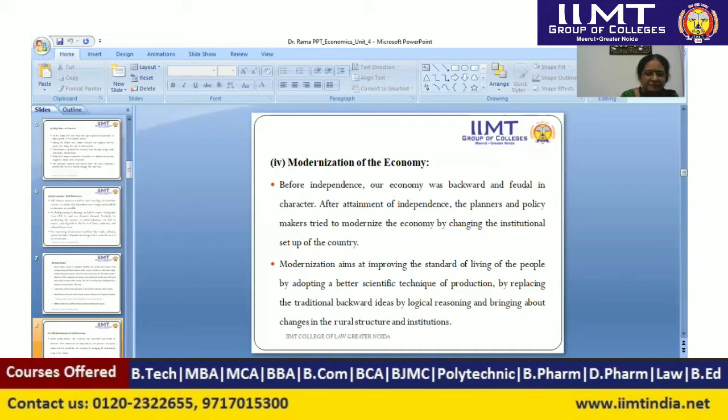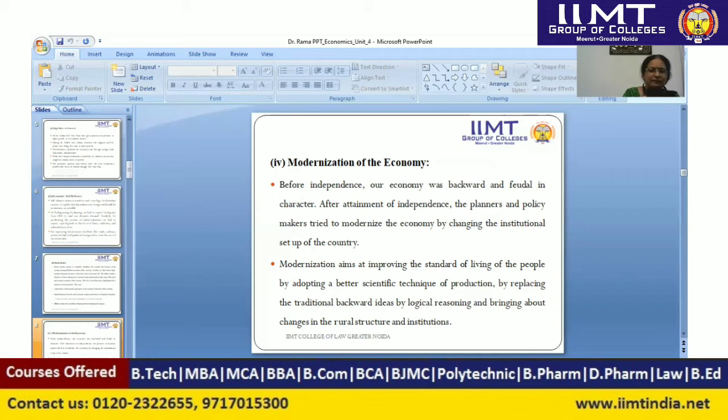Modernization aims at improving the standard of living of the people by adopting a better scientific technique of production, by replacing the traditional backward ideas by logical reasoning and bringing about changes in the rural structure and institutions.